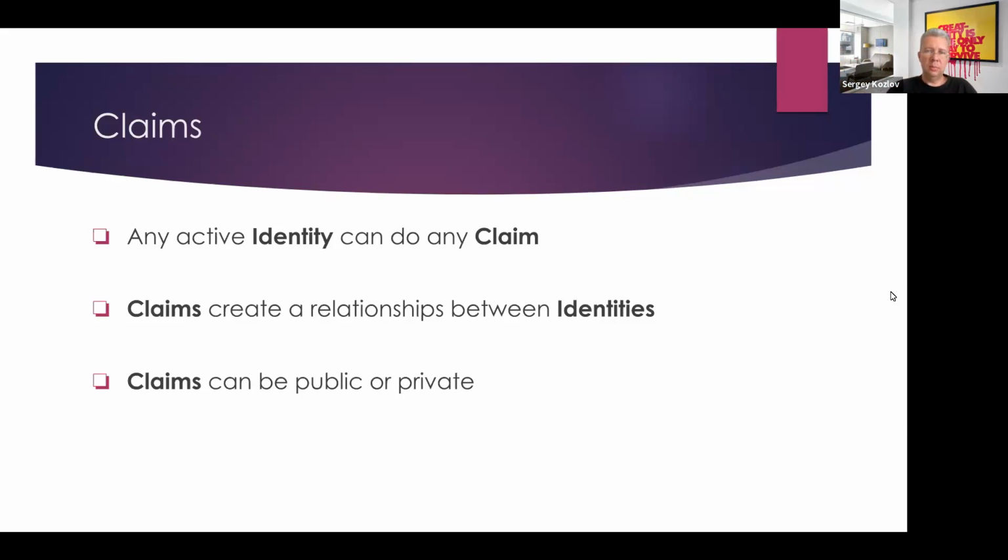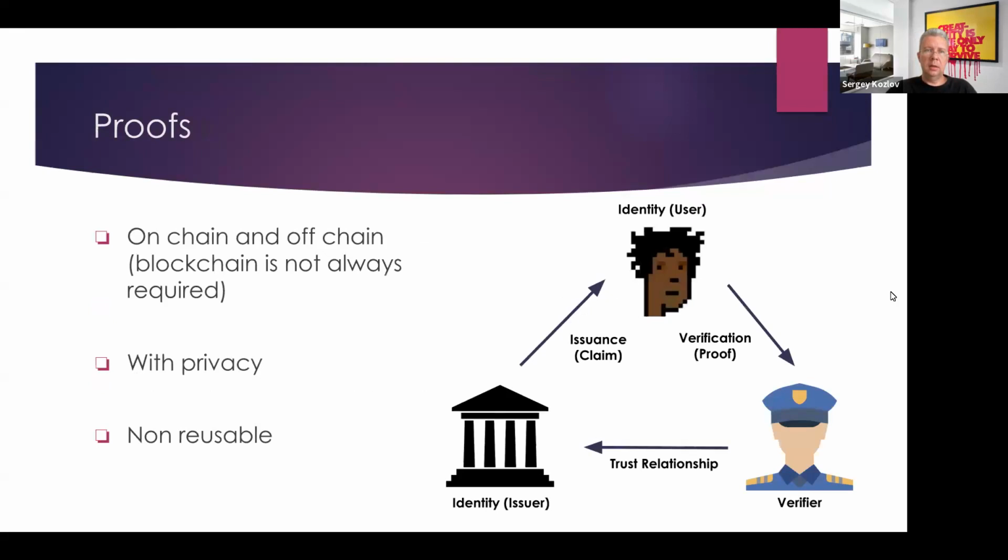Claims create a relationship between identities. That's what I was just talking about with the example of friendship. And claims can be public or private. Proofs can be on-chain and off-chain; blockchain is not always required. In this friendship story, actually, we do not need blockchain.